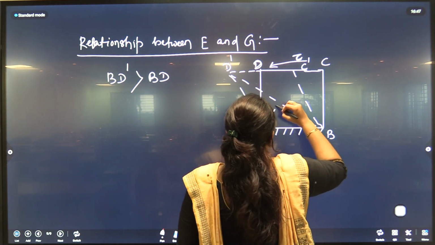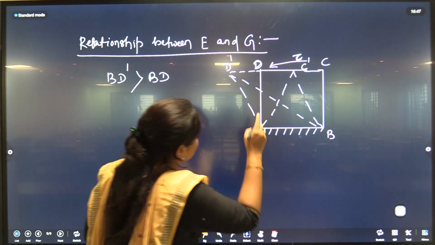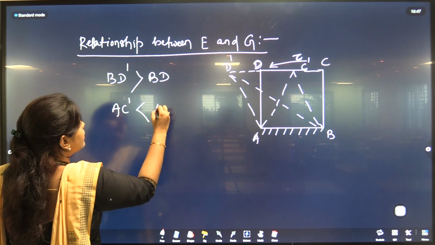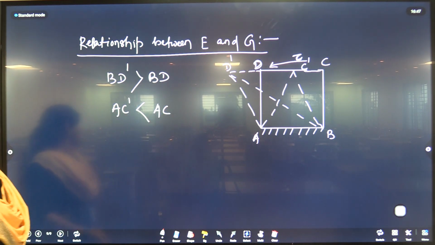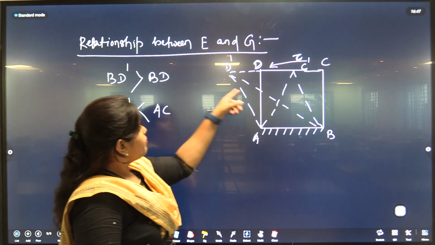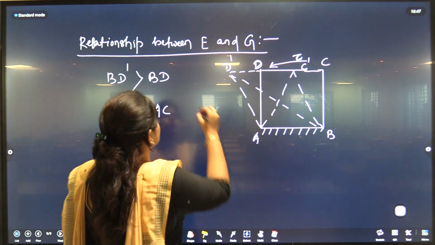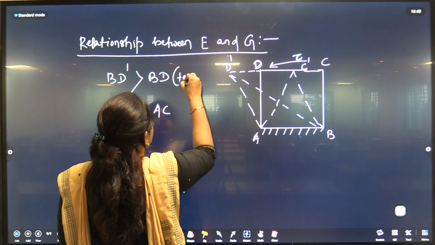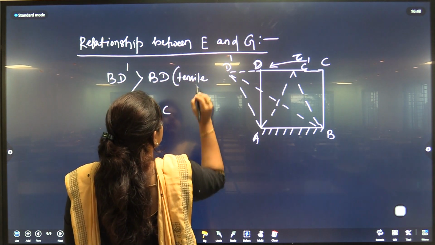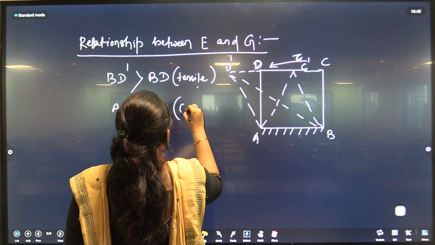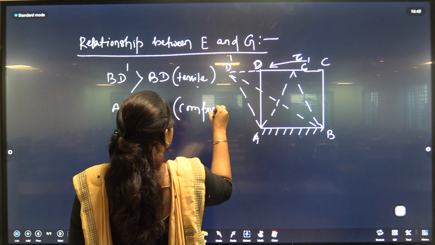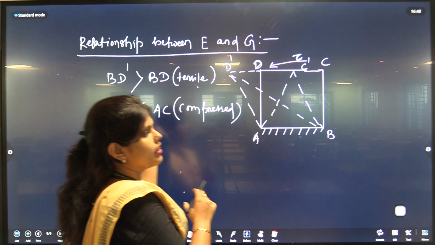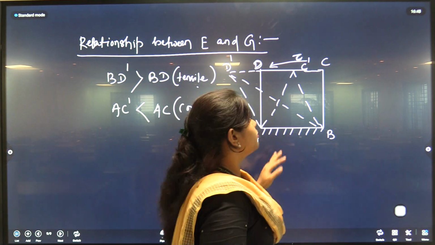But this AC dash is less than AC. Why? Because in case of BD dash, tensile force is acting here. Tensile strain is here and this is compressed. We know that if one side is increased, the other will decrease automatically.